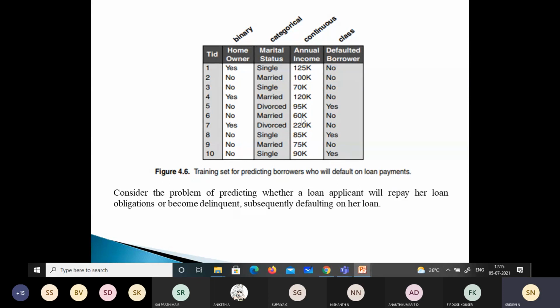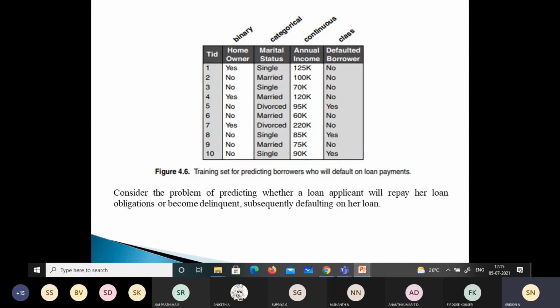According to this, if we make a decision by just taking this class, how many records come under the default borrower no? We'll just check. 1, 2, 3, 4, 5, 6, 7. Even if I have not used any attribute test condition, 70% of the records belong to this no category, that is, they are able to pay the loan.